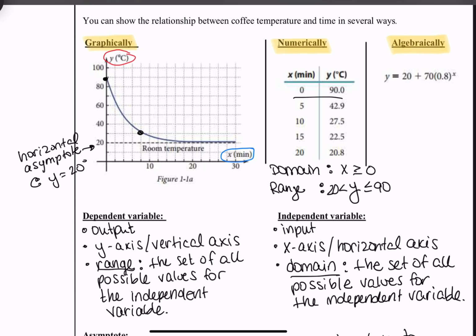So as my time increases, I'm getting closer and closer to that 20 degrees Celsius temperature. I'm never actually getting exactly to it, but I can get as close as I want. I could do this all day long. This is really going to come in handy as we move forward and get into calculus. We're going to explore this concept called limits, and these asymptotes help us determine some of our limits of functions.